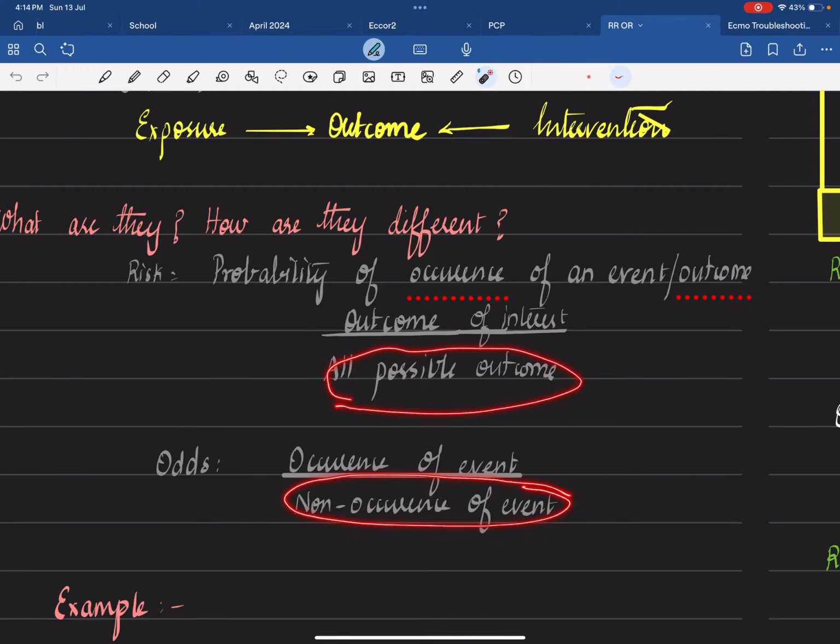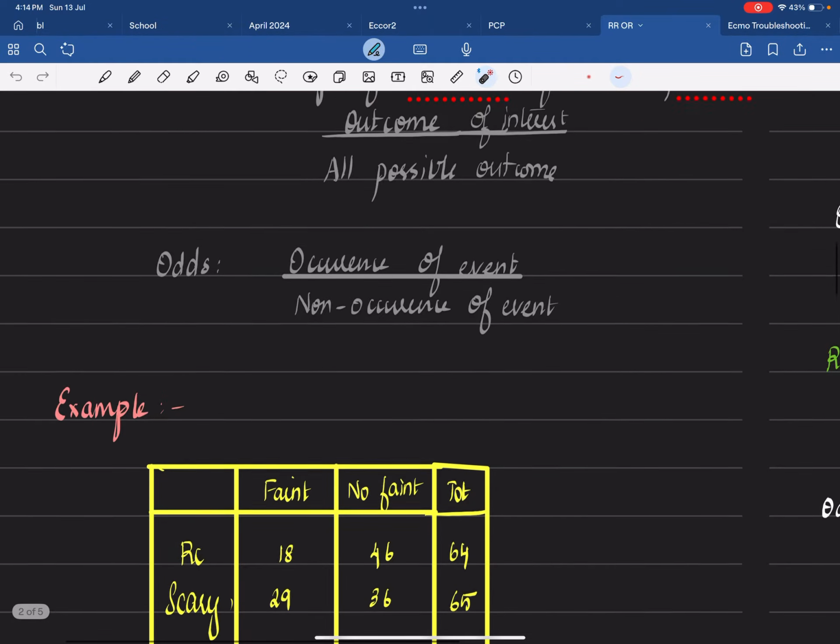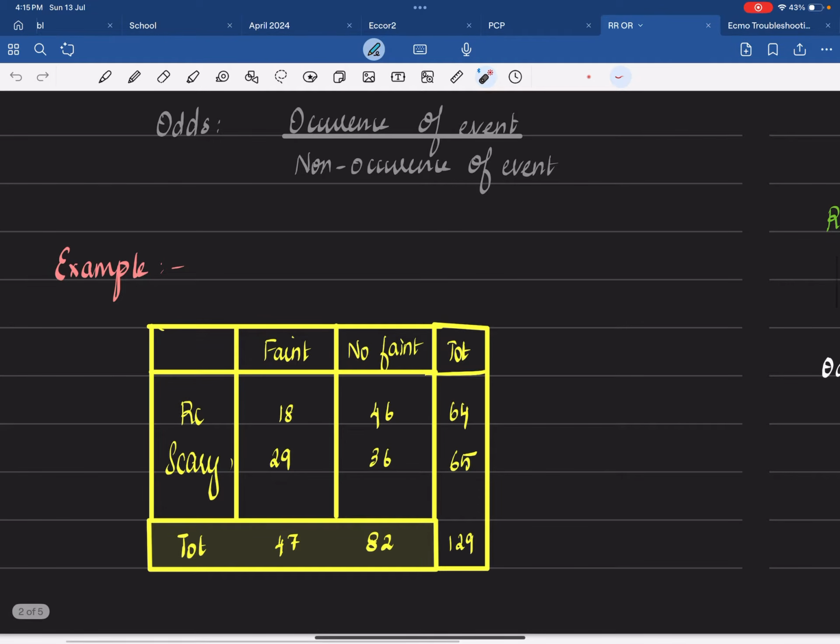When you say risk, the denominator is all the different possible outcomes, whereas the numerator is the outcome of your interest. If you are saying odds, the denominator is the non-occurrence of the event, and the numerator is the occurrence of the event, or your outcome of interest. Okay, so let's take an example.